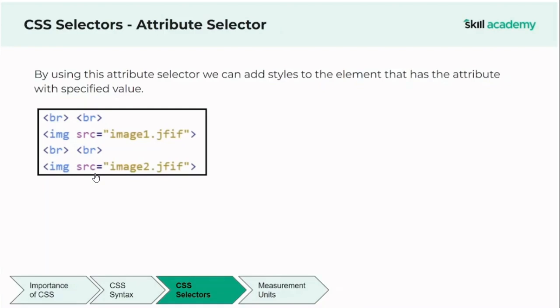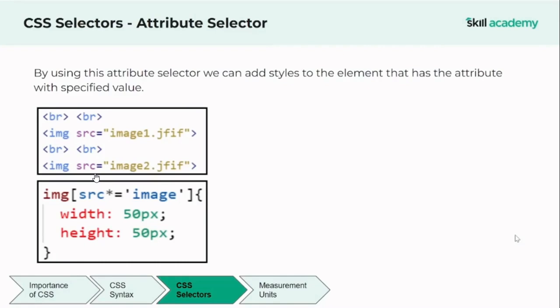We can indicate the attribute name that is having some defined value or any defined value that has to have the following styles. So the image tag with source attribute that contains the name image should have the width and height as 50 pixels.